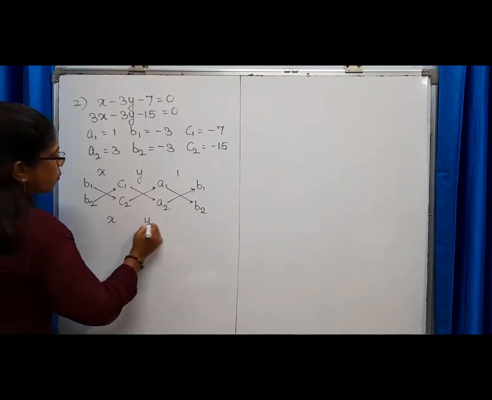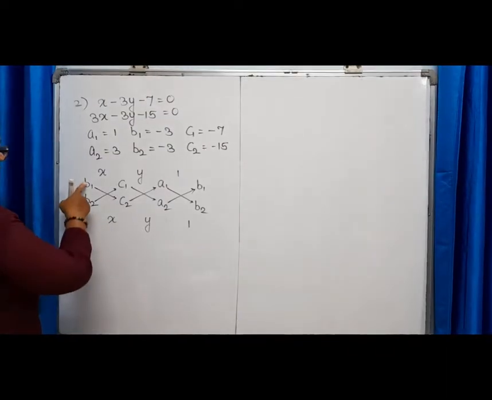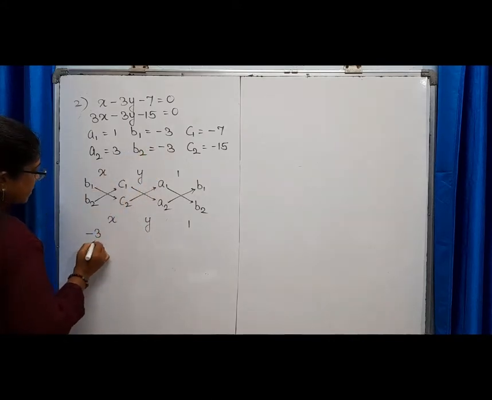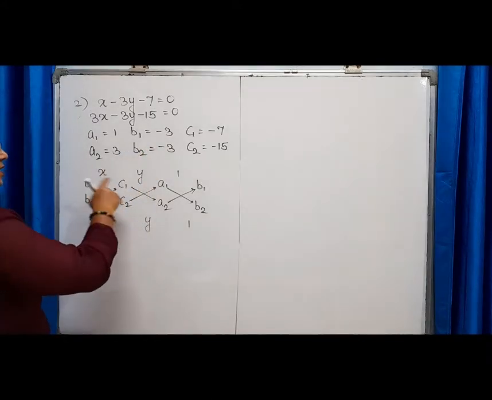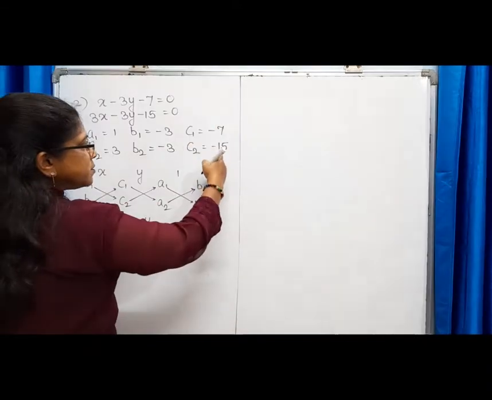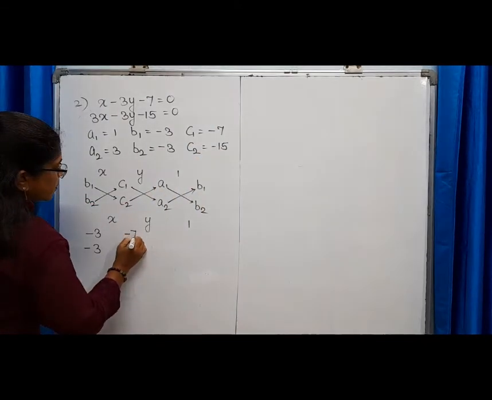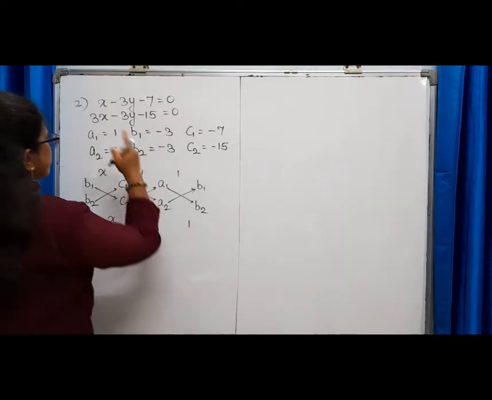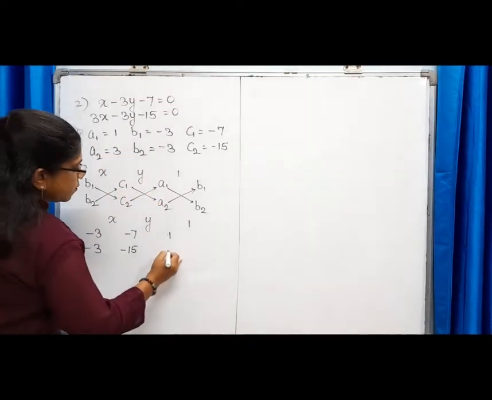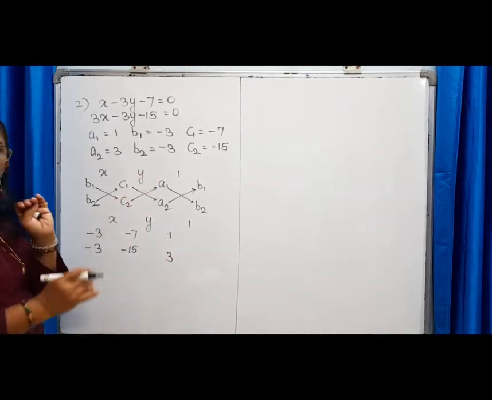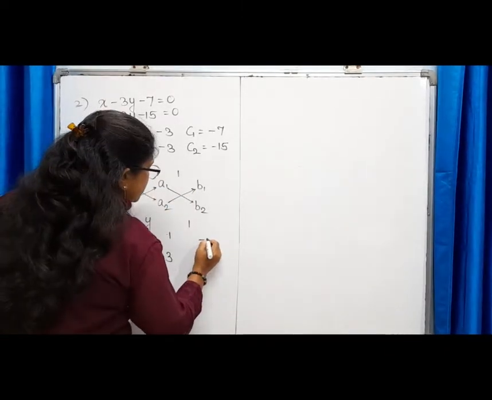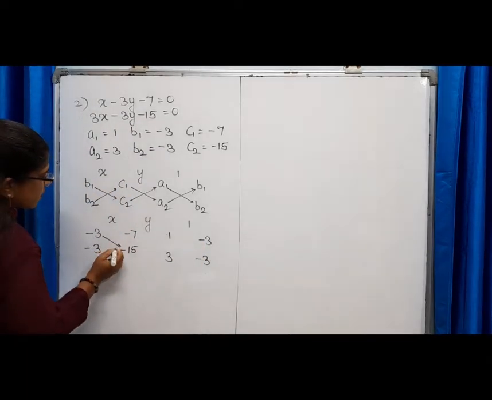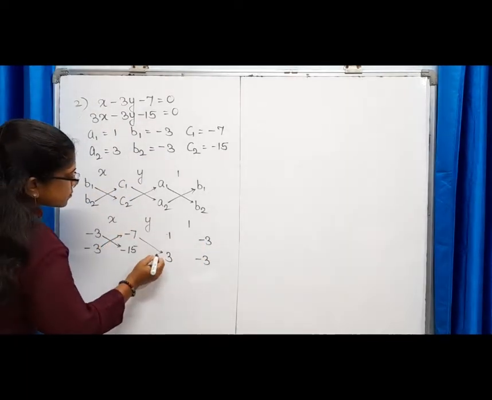X, y and 1. b1, b2: minus 3, minus 3. c1, c2: minus 7, minus 15. a1, a2: 1, 3. And again b1, b2: minus 3, minus 3. Fine. Our cross multiplication.